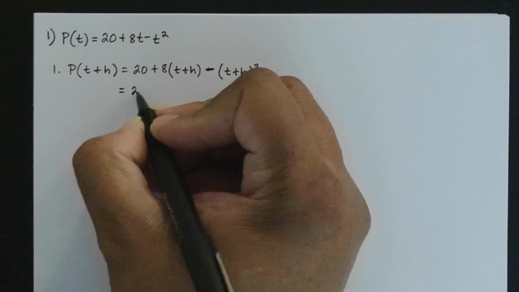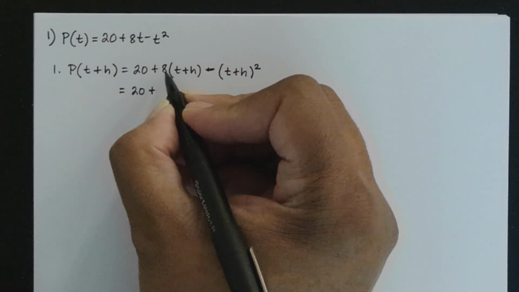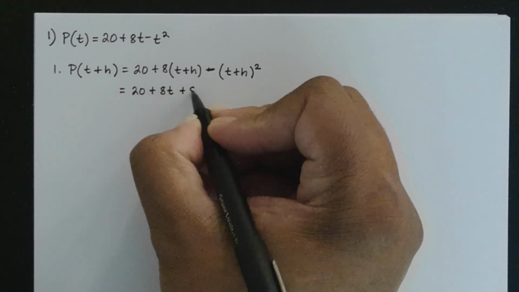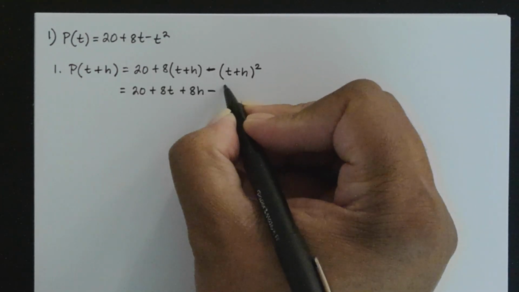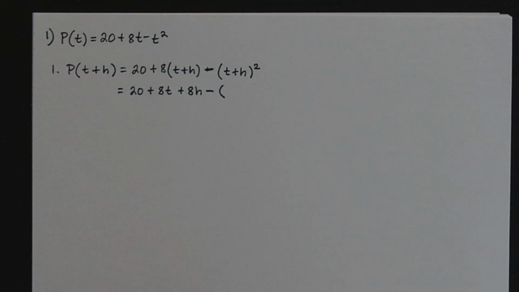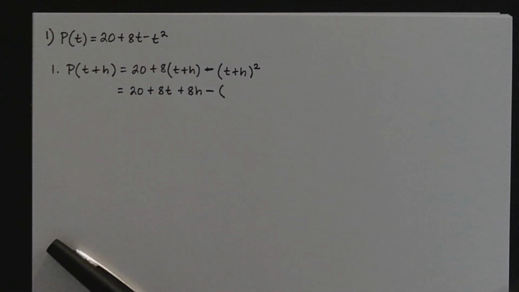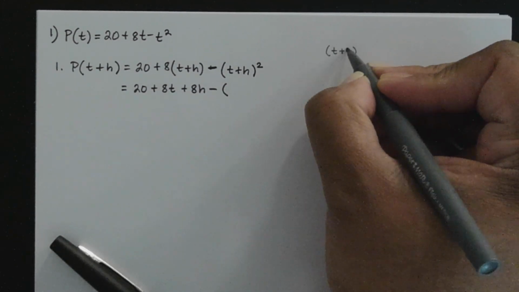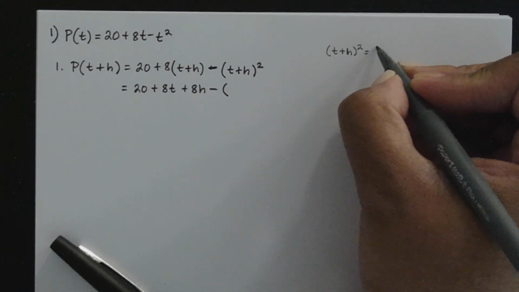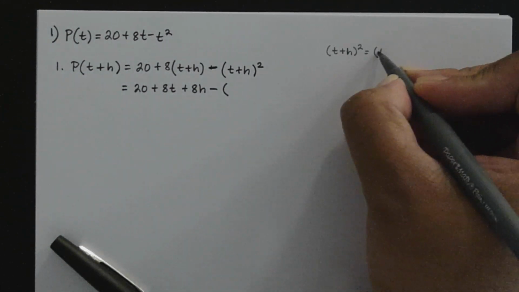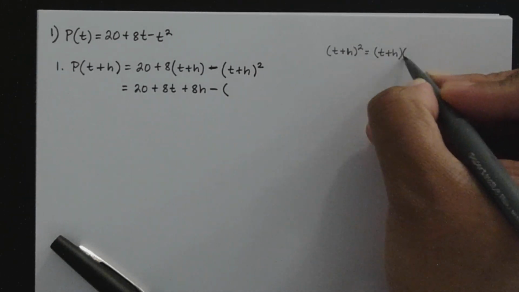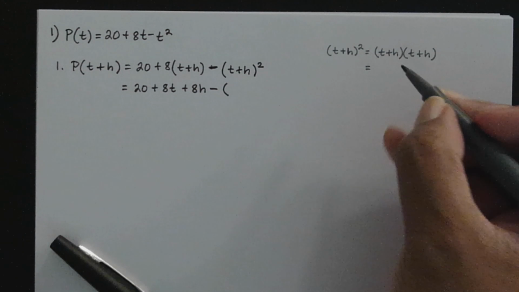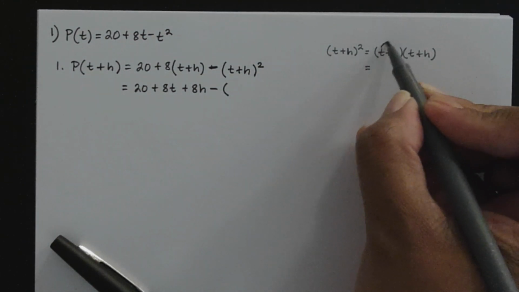So this will be 20 plus, distribute the 8 over the T plus H, you'll get 8T plus 8H, then minus. Now for the T plus H quantity squared, if you want to, do this off to the side and write T plus H twice, because T plus H is used as a factor twice. And then use the FOIL method.